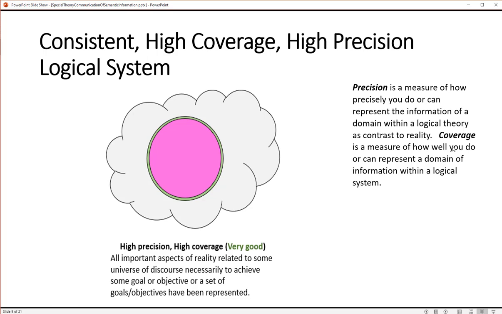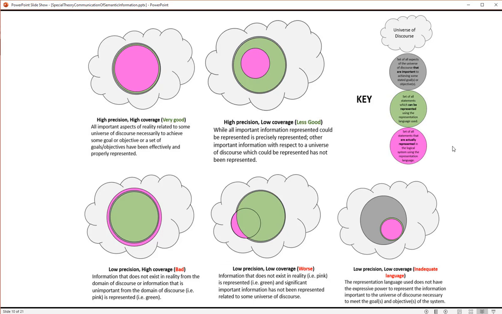So there are many things that can go wrong. You can have low precision. So in the upper left-hand corner, you have high precision, high coverage. You could have high precision and low coverage. You could have low precision and high coverage. You could have low precision and low coverage. Or you could have low precision, low coverage, and an inadequate language.